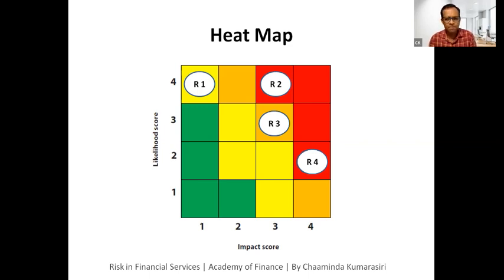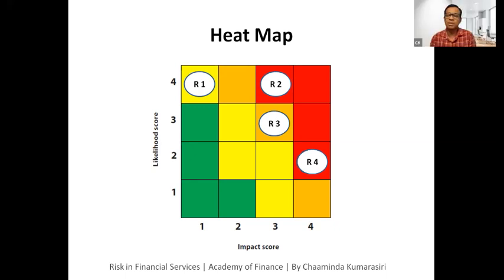So it's like this. When you do this exercise, this is all predetermined. You have to first define likelihood. Let's say we identify different risks.